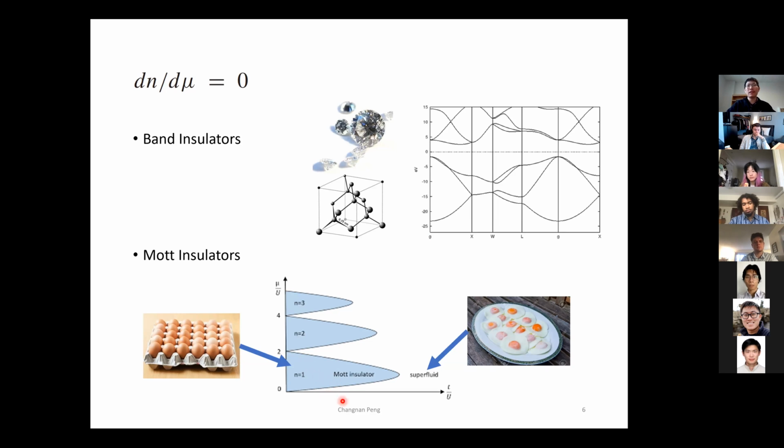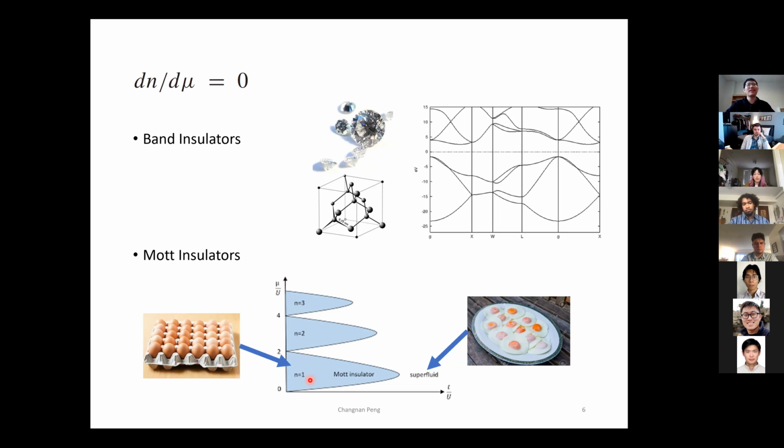So here is the phase diagram for a Bose-Hubbard model. In this blob, the density is always 1. It doesn't change with the chemical potential, which is on the y-axis. So we also have dn over d mu equals 0 in this case.